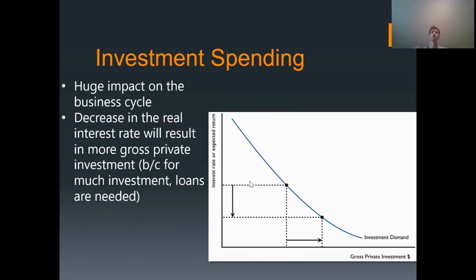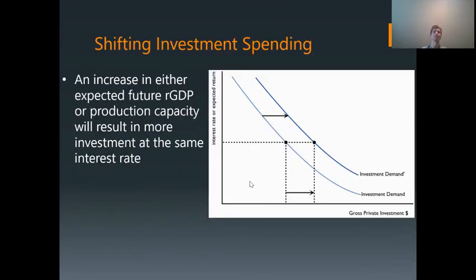And that's because you need to borrow money in order to invest it into, remember, this is typically thought of as capital goods. So if you want to build a new factory, you do not have millions and millions of dollars lying around. You need to borrow that. So as real interest rates fall, people will borrow more money for that investment. So that's why it's going to be downward sloping.